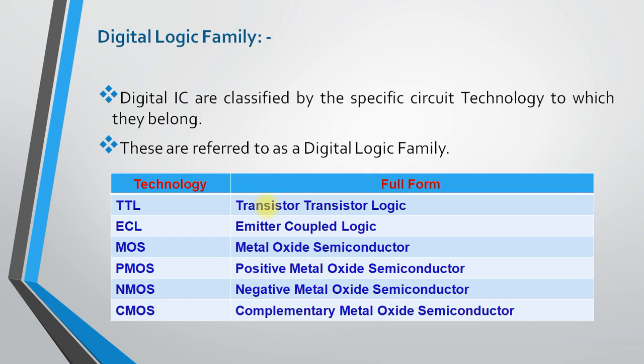NMOS stands for negative metal oxide semiconductor, and the last is called CMOS, that means complementary metal oxide semiconductor. I want to repeat one point over here once again, that those people who are not able to write correct spelling need to make a practice of writing perfect spelling of each full form, so that you can easily cover more points. This is all about our today's session.